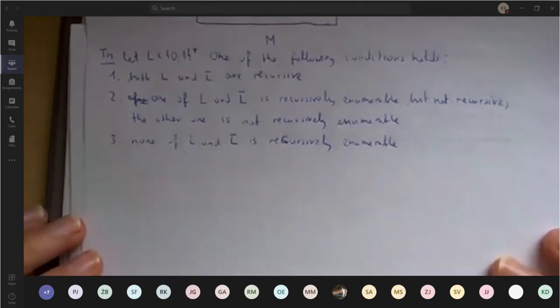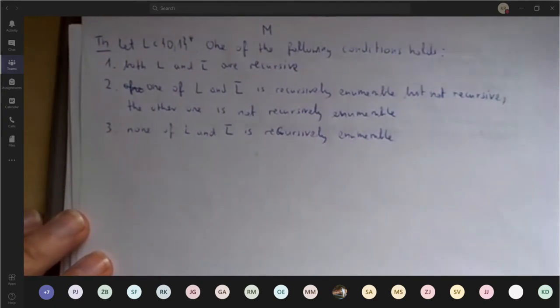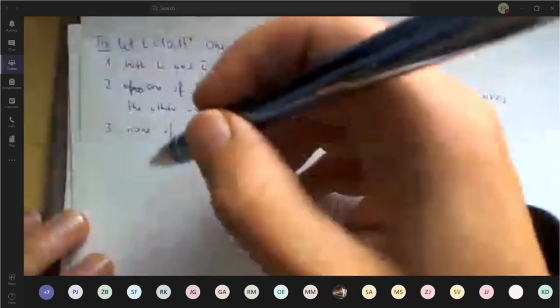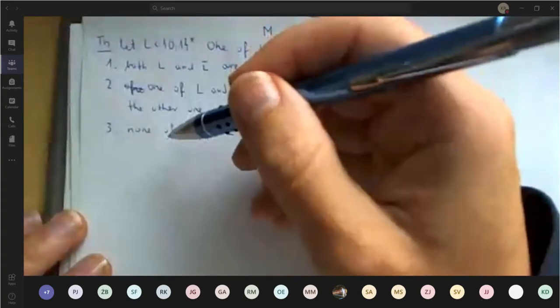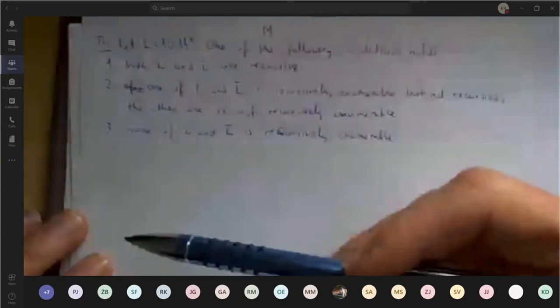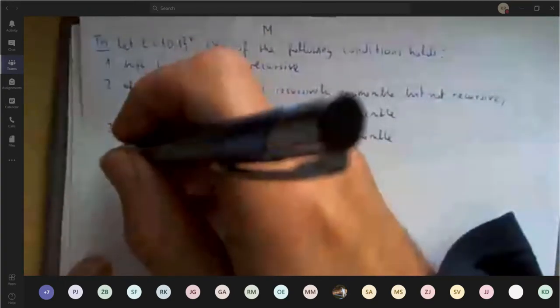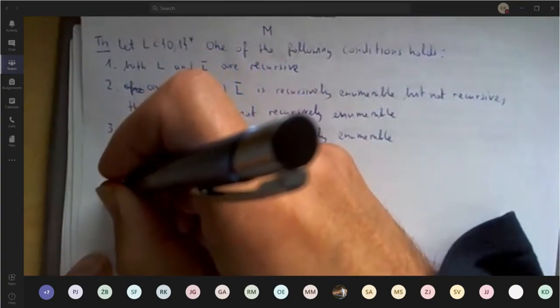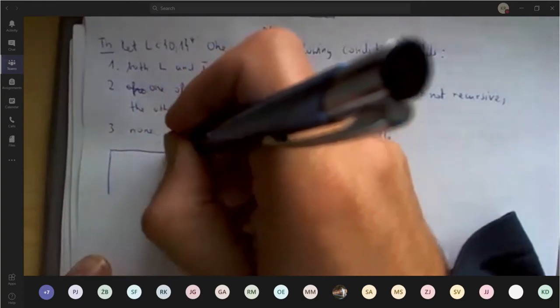Okay, so I can draw the situation on the picture, and the picture looks like this.